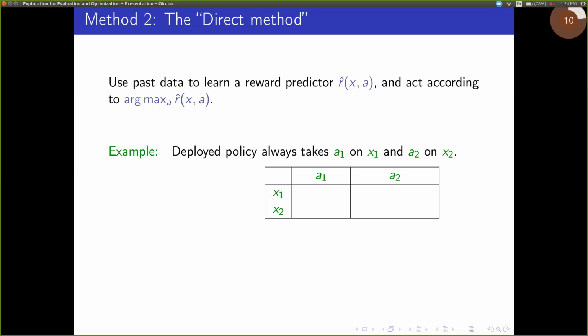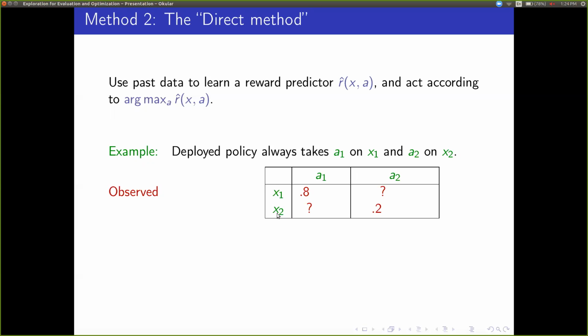There's a simple example which shows why this fails. We have two actions, A1 and A2, and two features, X1 and X2. Let's say that in our observed data, A1 was played for X1 and A2 was played for X2.